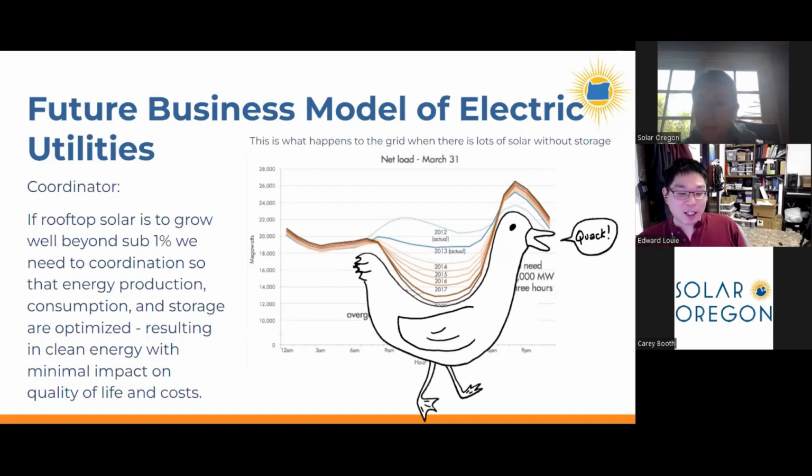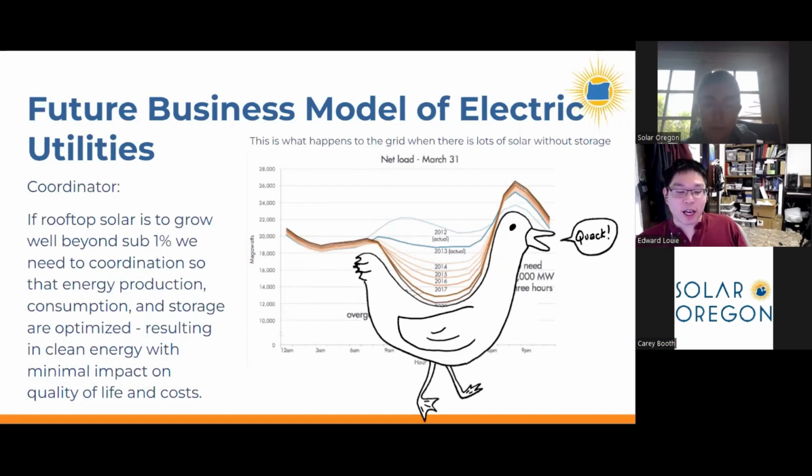So then the electric utility is scrambling to turn on enough generating resources to meet the demand. And so you get this really steep ramping around 6 p.m. And that's highly problematic, because it's a very short time period. And so you need to act quick, and electric utilities can only act so quick.